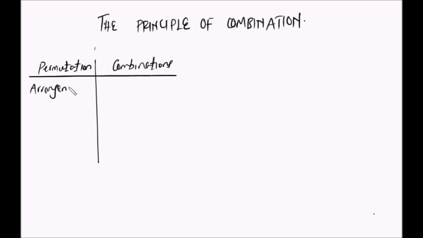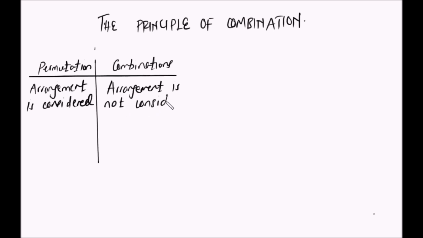So you consider the arrangement of the objects you select. While in combination, arrangement is not considered. So this is a major difference.